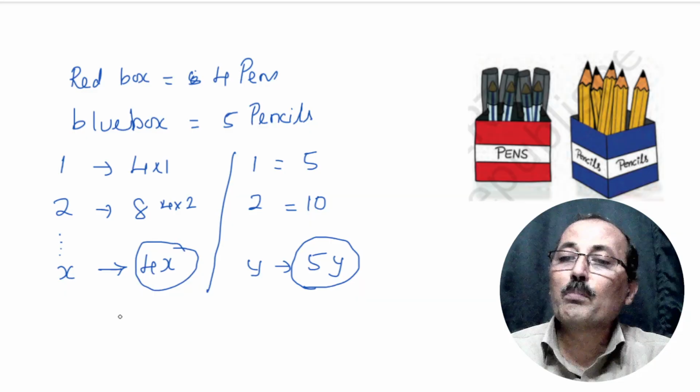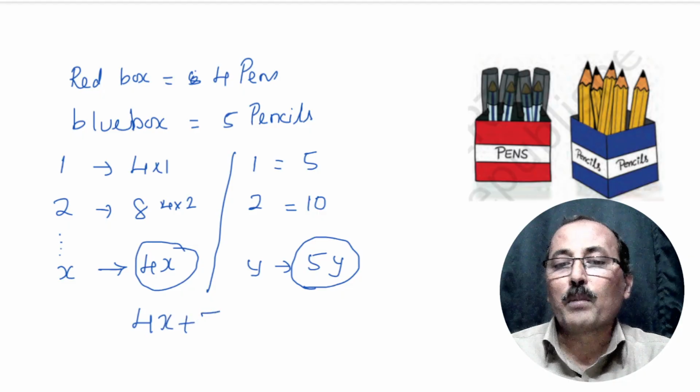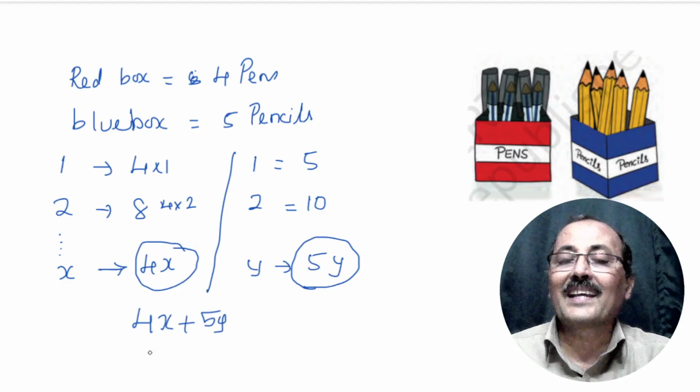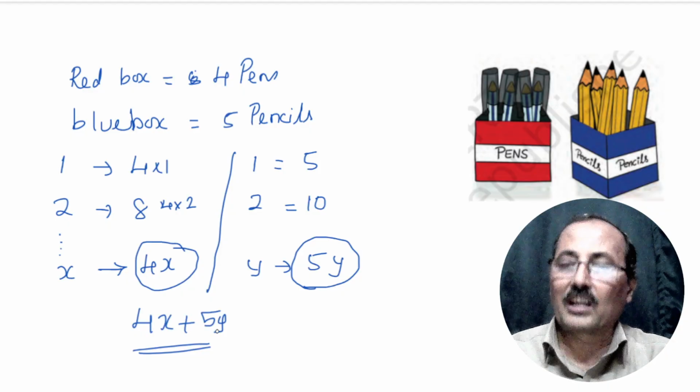How much is he going to buy in total? Pens and pencils together he is going to buy 4x plus 5y. This is the starting point of the algebraic expression, how you are framing an expression.